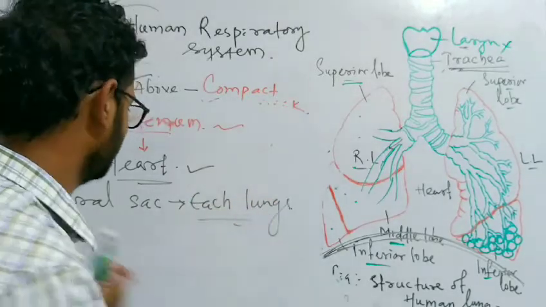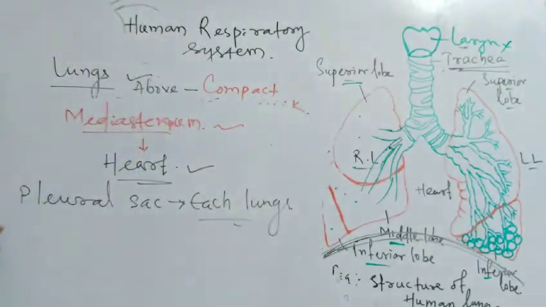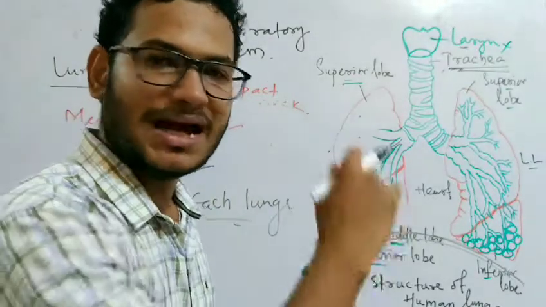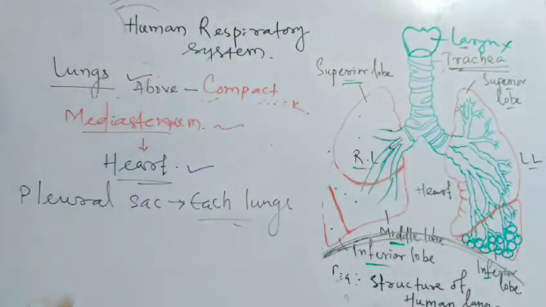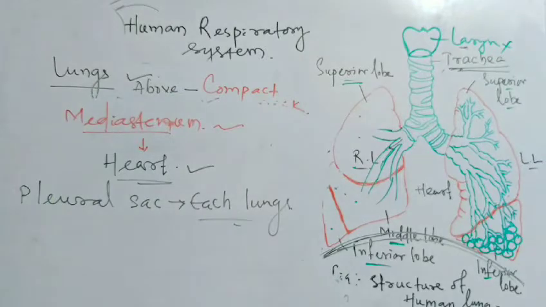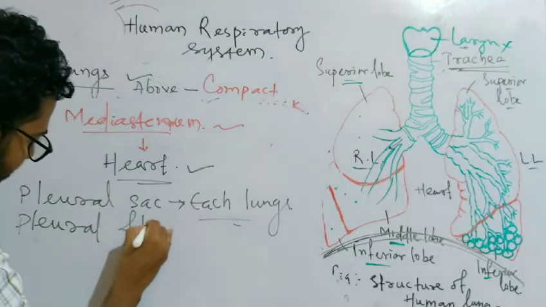The lung has a pleural sac which guards the lung, and it contains pleural fluid, because the pleural sac is made up of two linings. There are two pleural membranes, and in between the two membranes there is the pleural sac, which contains the pleural fluid.